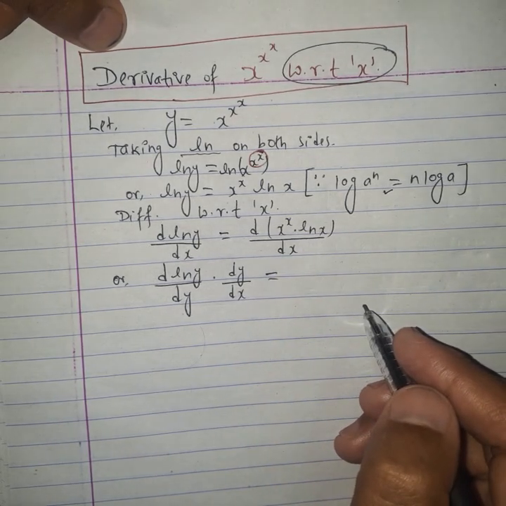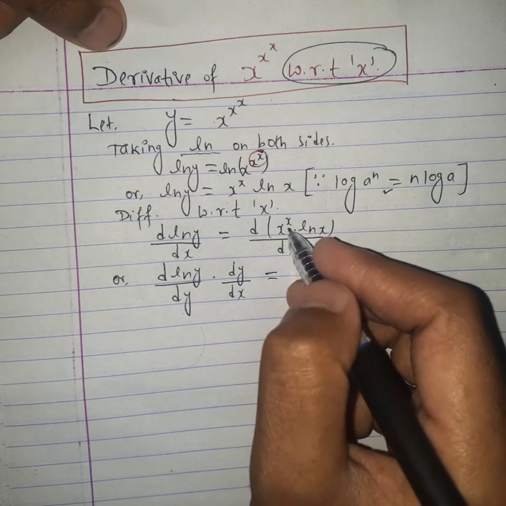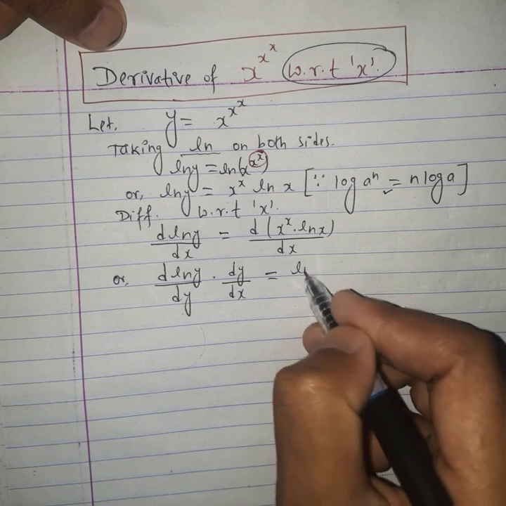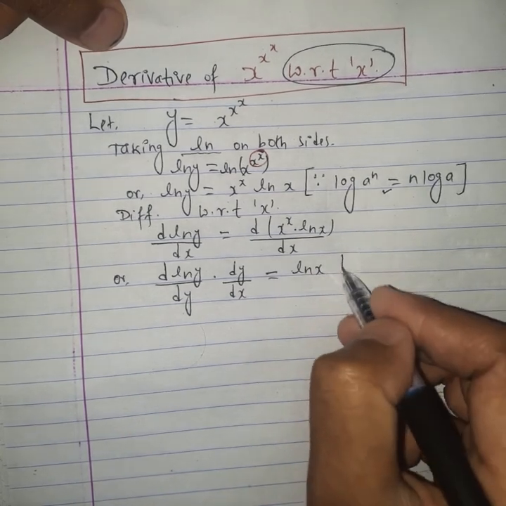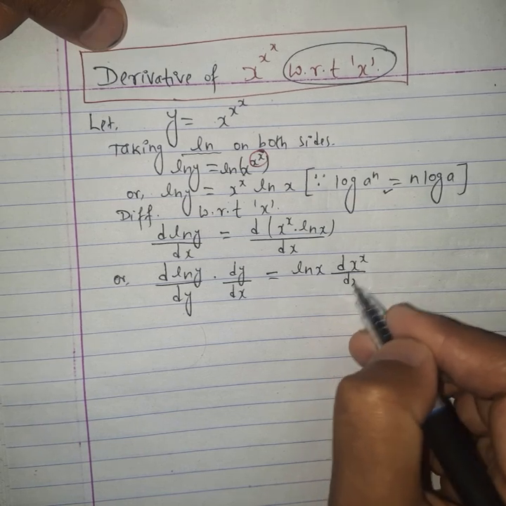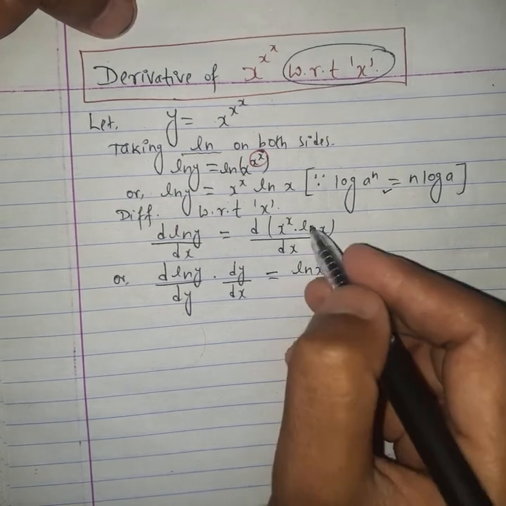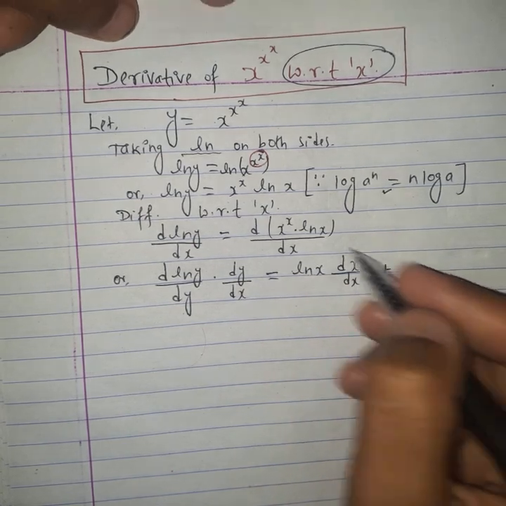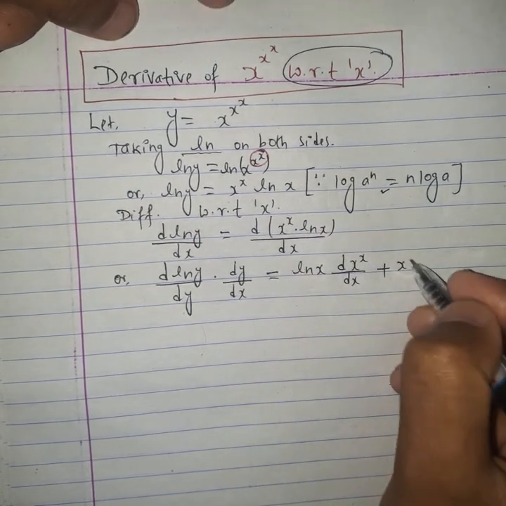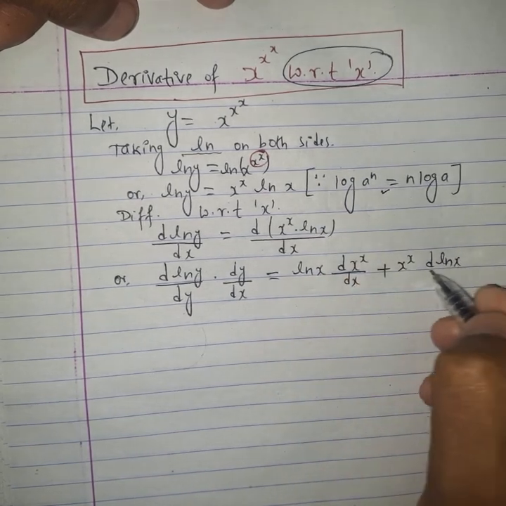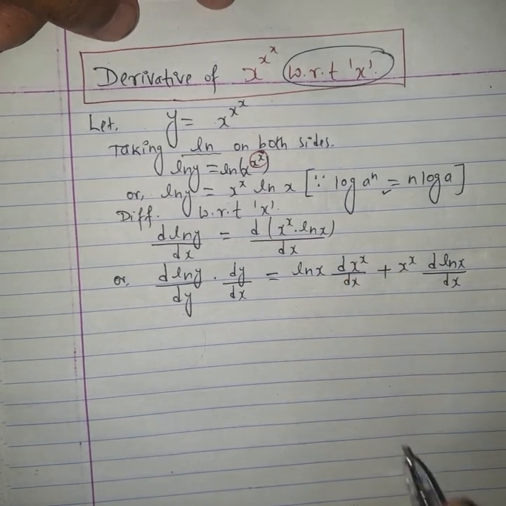According to the product rule, we take the first function ln of x and the derivative of the second function x to the power of x, plus the second function x raised to the power of x times the derivative of ln of x with respect to the same variable x.